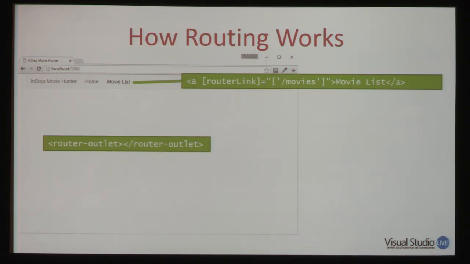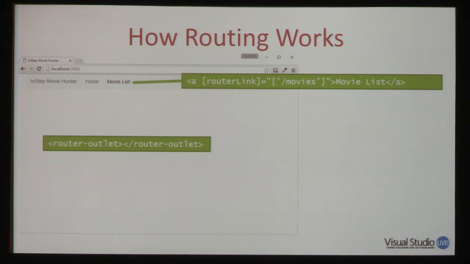I tell it which path is associated with that menu option. The other thing is I add a router outlet, which is another Angular 2 routing directive, and I put that where I want it to inject in my HTML for my template.